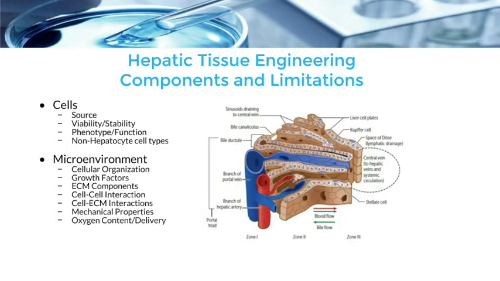If one were to drill down more deeply, it's really these microenvironmental components that are important in driving and maintaining hepatocyte function. Taking these all together, the phenotype and function of the cells are going to be dictated by how we construct this environment.